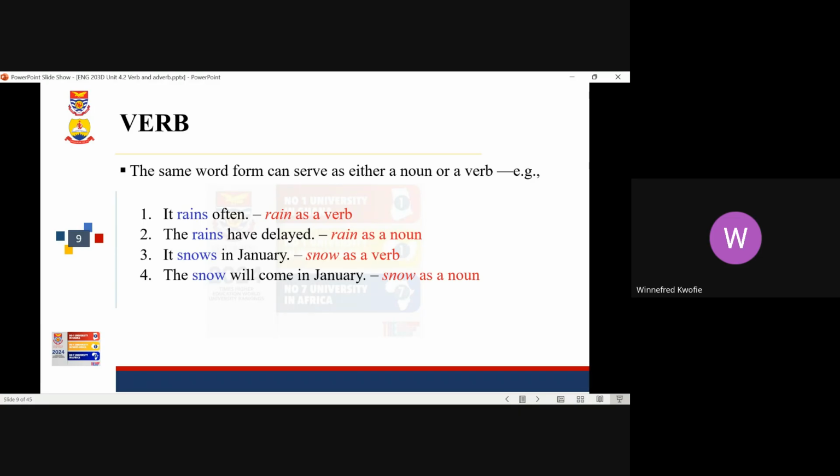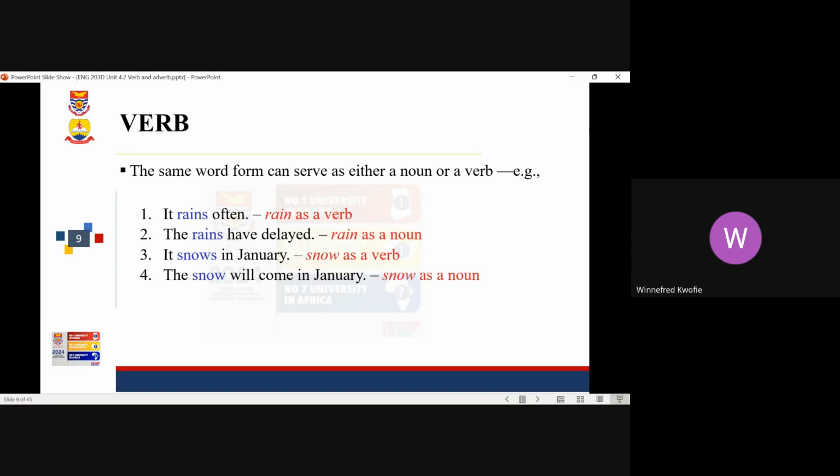For example, we saw the word fast, where we saw that it can be used to modify a noun, as in the fast car, or it can be used to modify a verb, as in he drove fast. Even though the word has the same form, F-A-S-T, they refer to different word classes depending on the context.